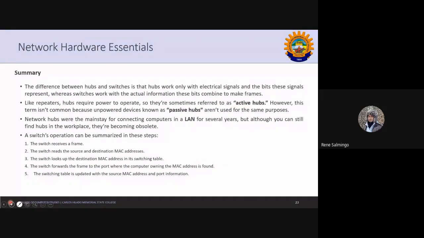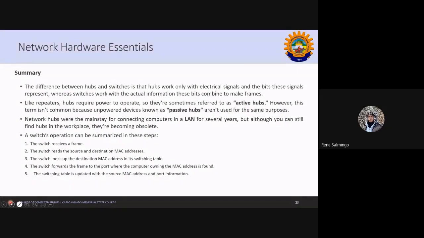And network hubs were a mainstay in connecting computers in a local area network for several years. But although you could still find hubs in the workplace, they're becoming obsolete. So most commonly now we use a switch. So what are the switch operations?